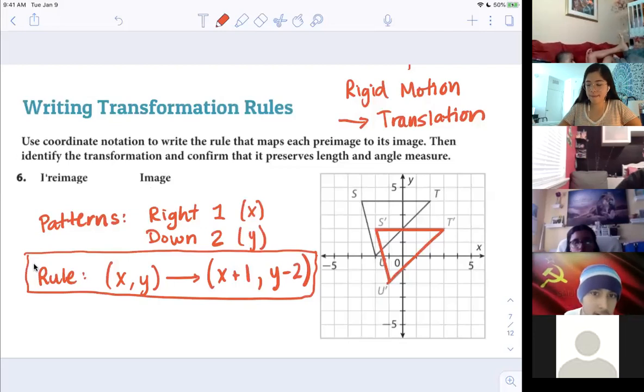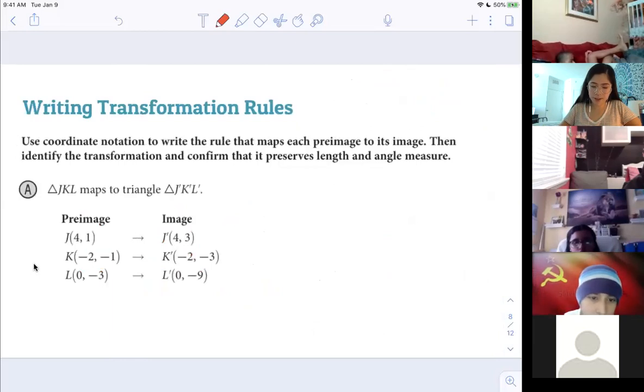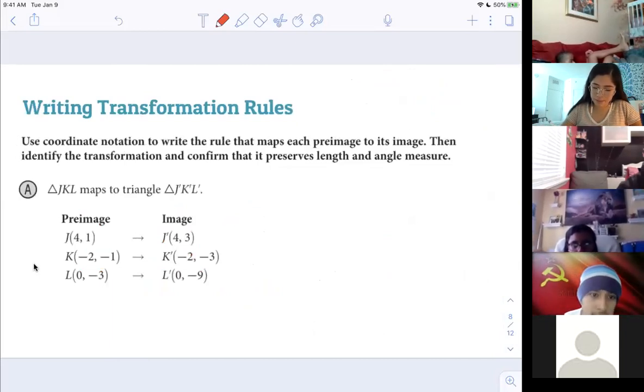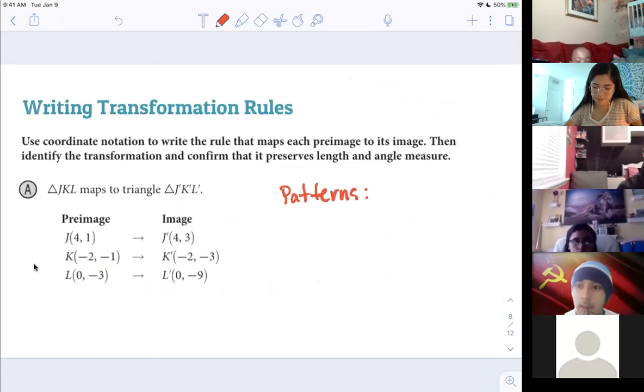Okay. Last one. In this case, we do not have a graph, so we have to go completely off of the numbers. So first, let's pick up some patterns. What do you guys see?